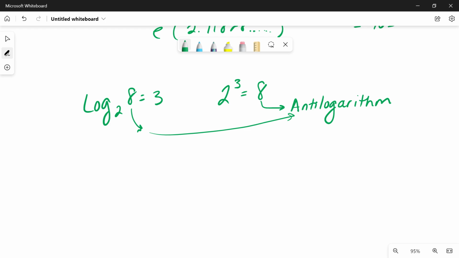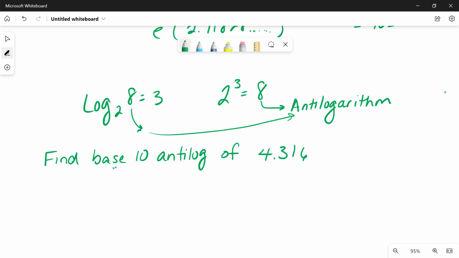All right, so look at this. If I want to find the base 10 antilog of 4.316, what I'm saying is I want to take 10, raise it to the 4.316, and find the antilog, which you know how to do on your calculator.